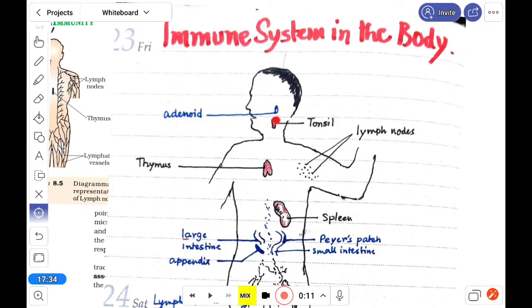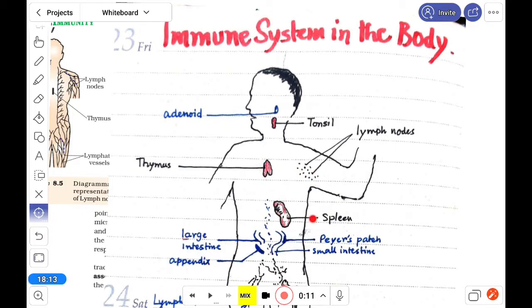Everybody knows it is a small rounded mass of tissue, especially lymphoid tissue. It is called the palatine tonsil. Thymus is there. See here, it has two parallel lobes situated near the heart. T cells mature here. T lymphocyte maturation will be here, regulated by thymopoietin and these things.